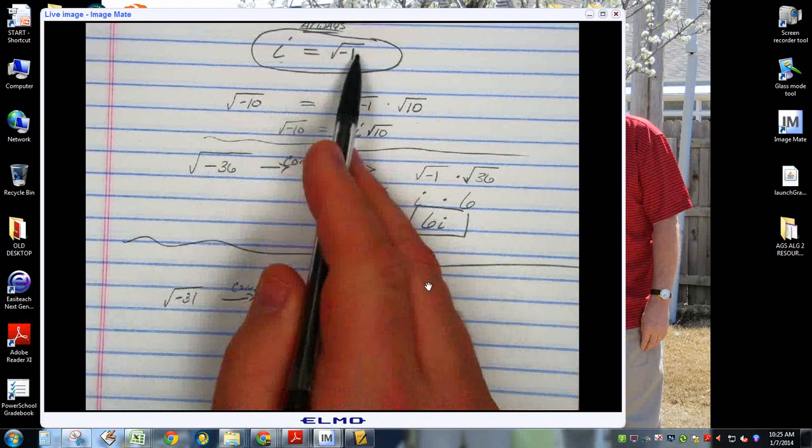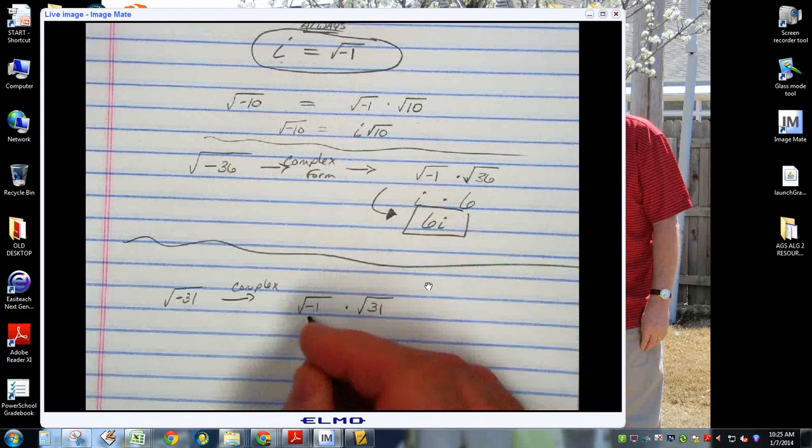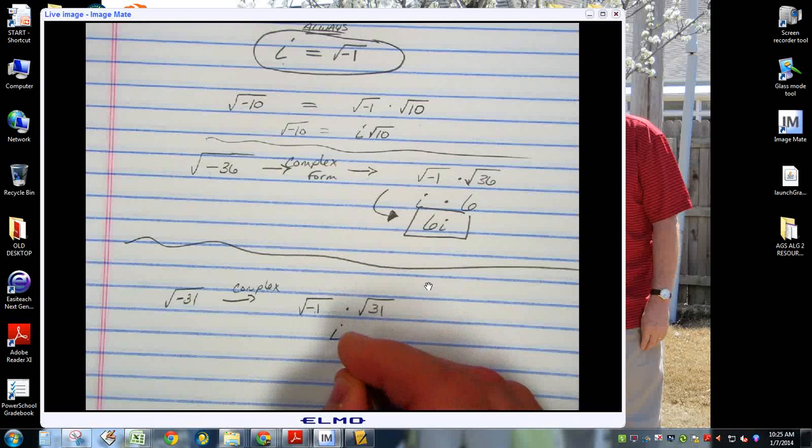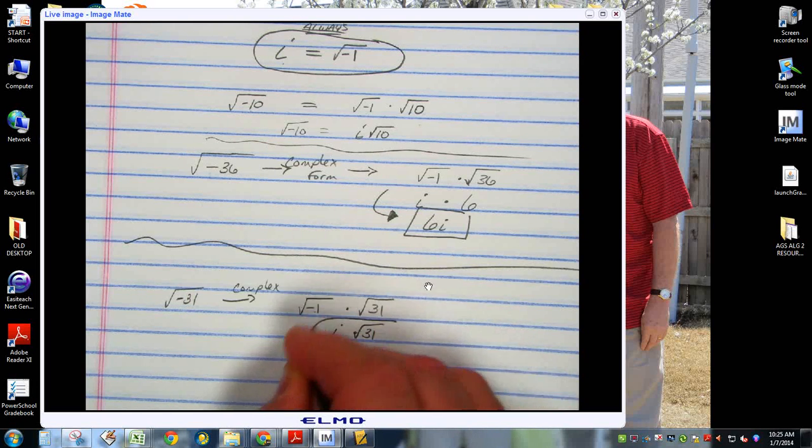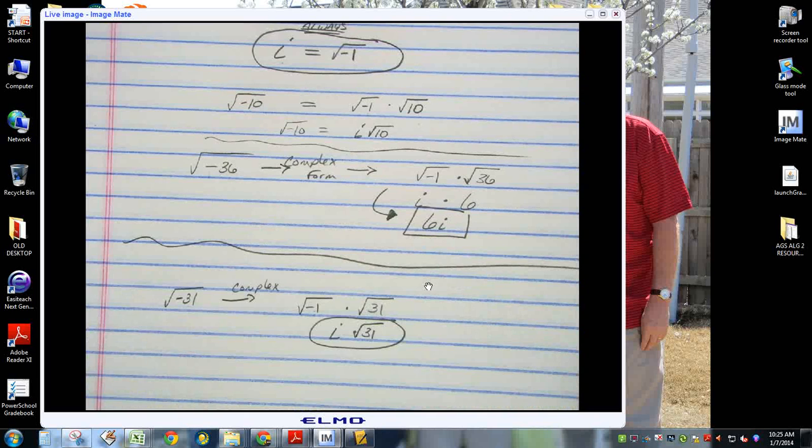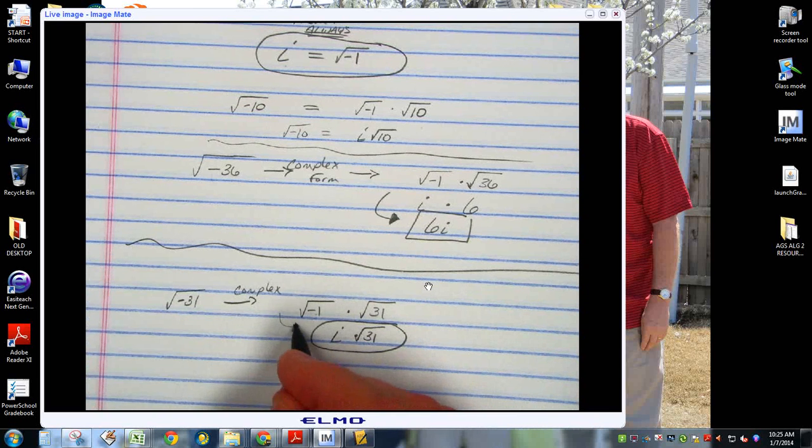What is the square root of -1 always equal to? So instead of writing that, I write i. So this is i times the square root of 31, because the square root of 31 doesn't reduce anymore, does it? How easy is that? Each time you get rid of the negative by putting an i.